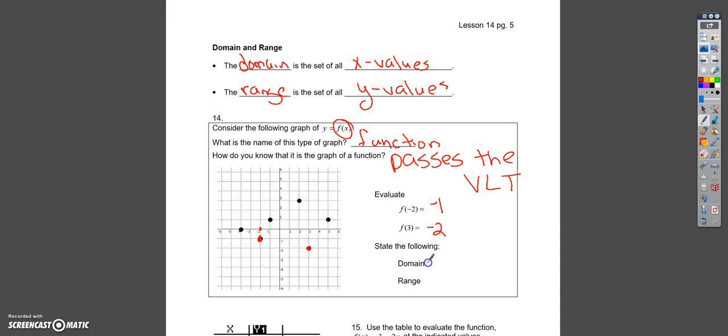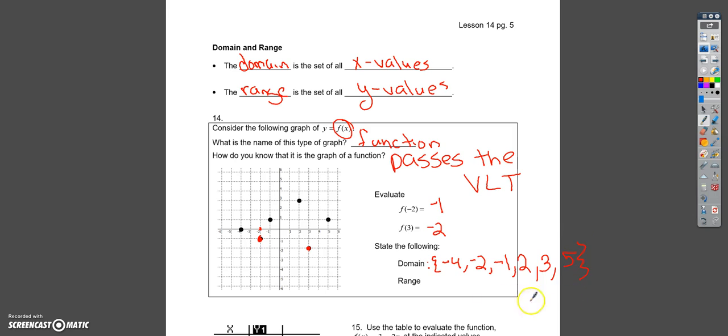State the following, the domain. That's the x values. This x value is used, -4. This one is used, -2. This x value is used, -1. This x value is used, 2. This one is used, 3. This one is used, 5.